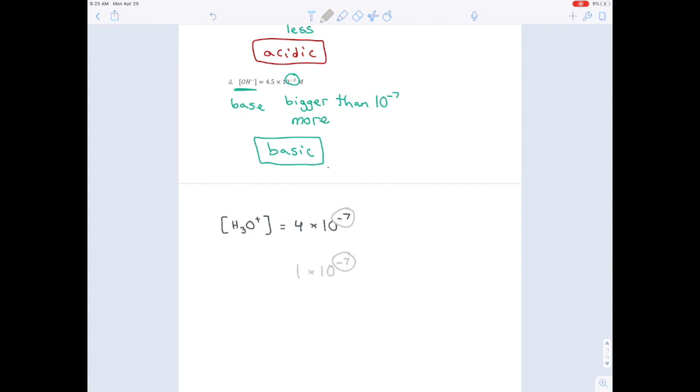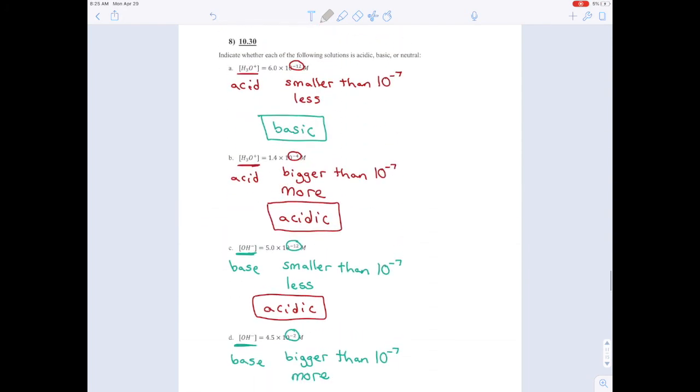If the exponent is the same, then compare the numbers in front. But always compare the exponents first. So only if the exponents tie would you compare those numbers in front, and the bigger one would give you a higher concentration. So that's the reasoning you can go through to determine whether these concentrations of H3O plus or OH minus are neutral, acidic, or basic.